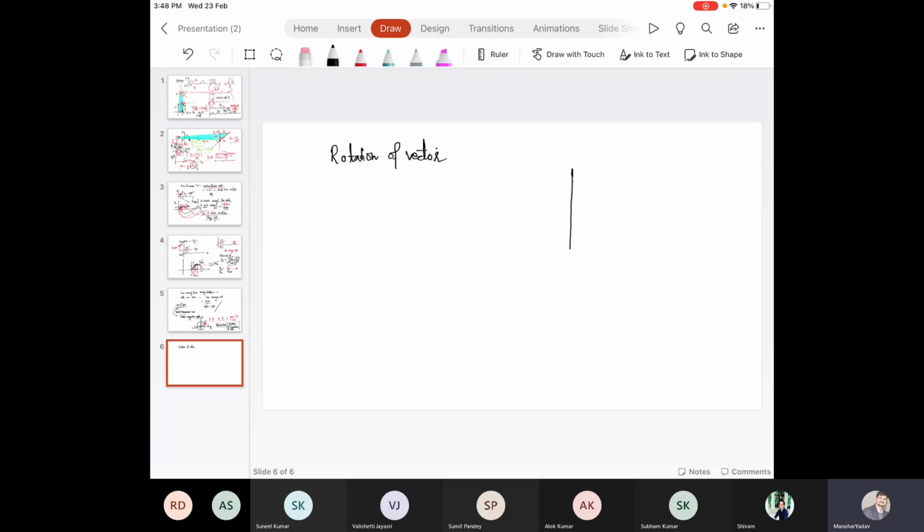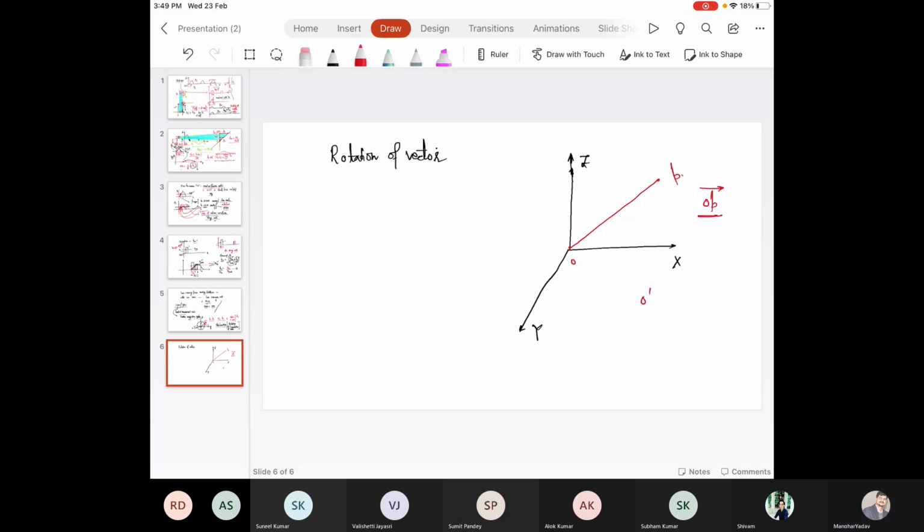So let's say a coordinate system is given, X, Y, and Z. And somewhere in the 3D space, we have a point P. In this coordinate system, the vector OP represents where the point P is located in the 3D space of the XYZ coordinate system.